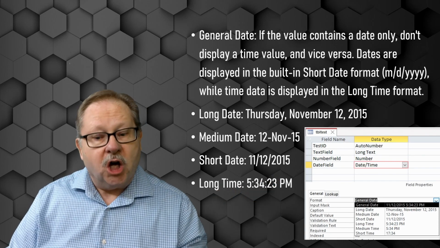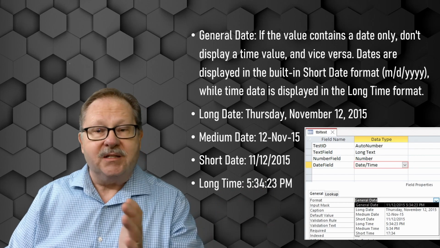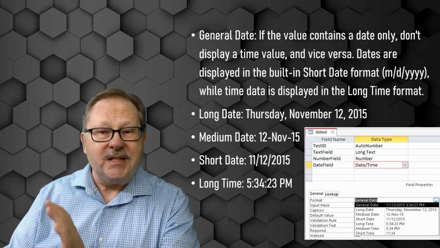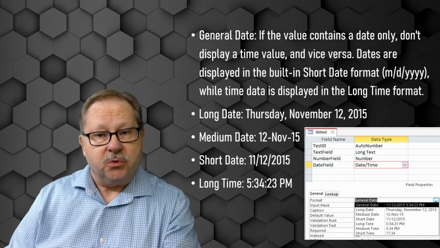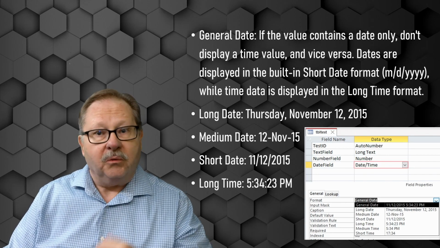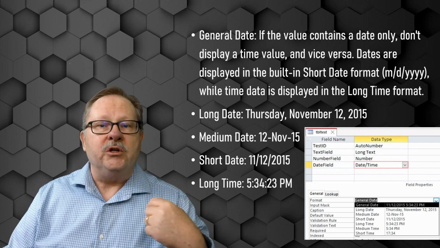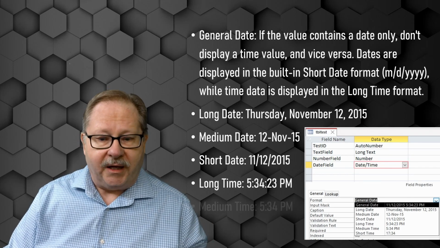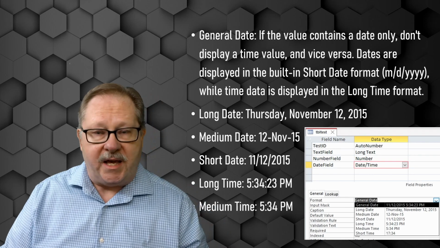Then you get the long time, which gives you hours, minutes, and seconds, and uses AM/PM format. In other words, it does not use the 24-hour format. And that's going to be critical as we come up here, because we'll talk about specific times when you'd use the 24-hour format. Now, the medium time just shows you hour, minutes, and puts the AM/PM.